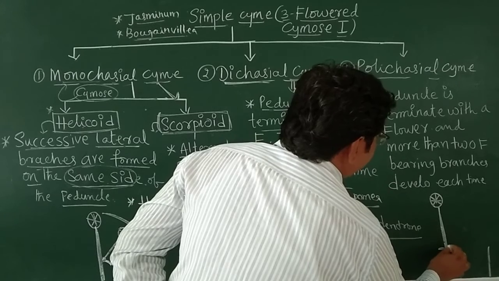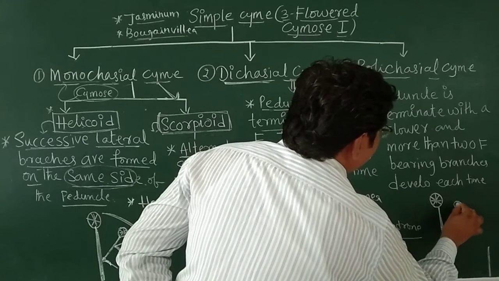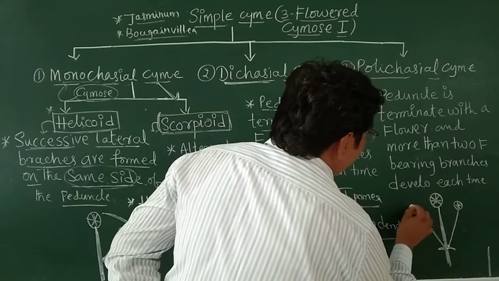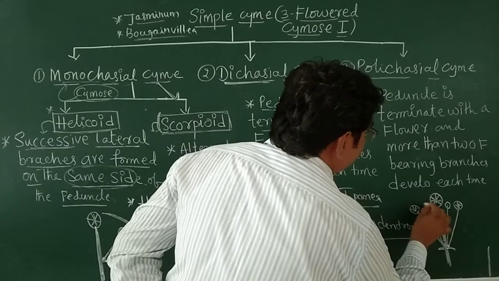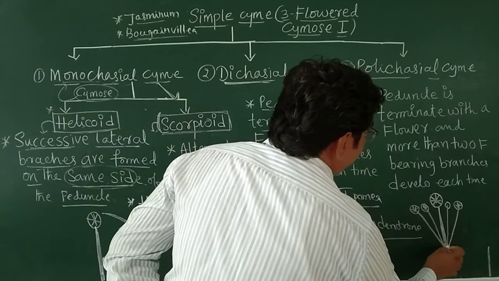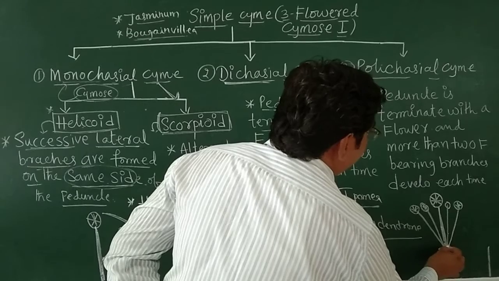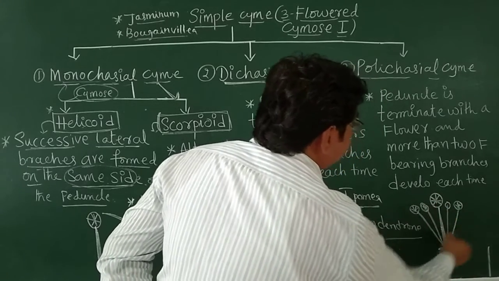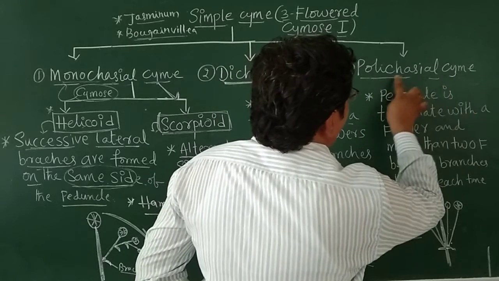At the axil of the bract, more than two flower-bearing branches are formed. Here, one flower is formed. Like this, many flowers are formed from the axil of the bract. Like this arrangement, the inflorescence is called polychasial cyme.